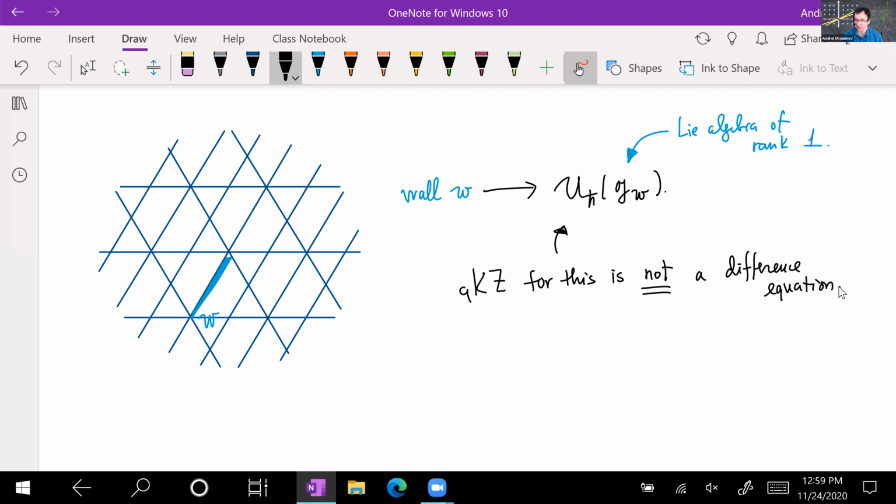It's just a linear equation, because the difference that shifts the loop, the q difference part in the variables, comes from loop rotation.